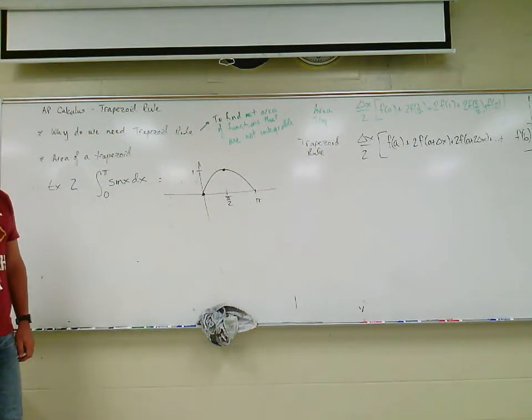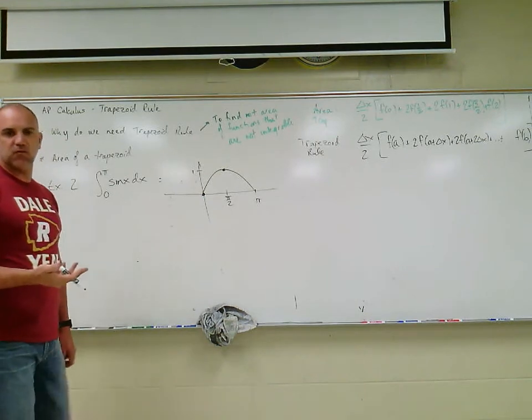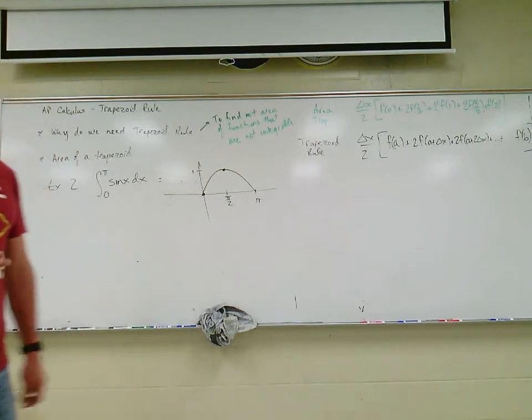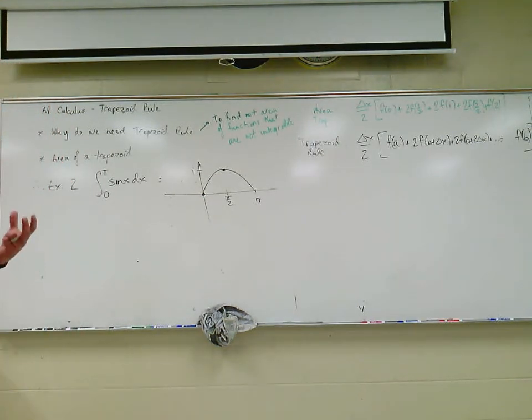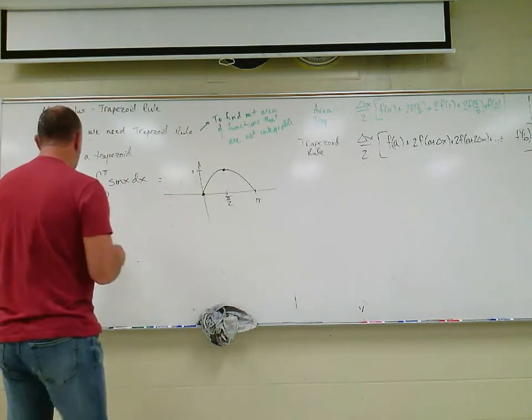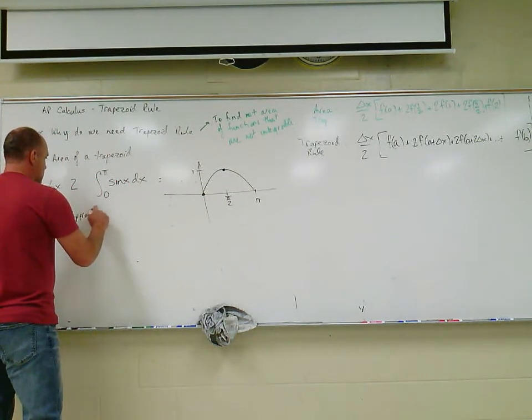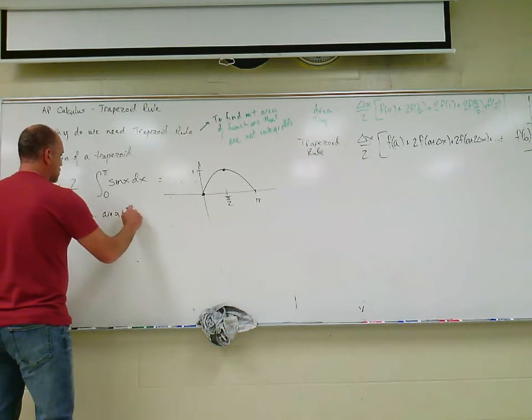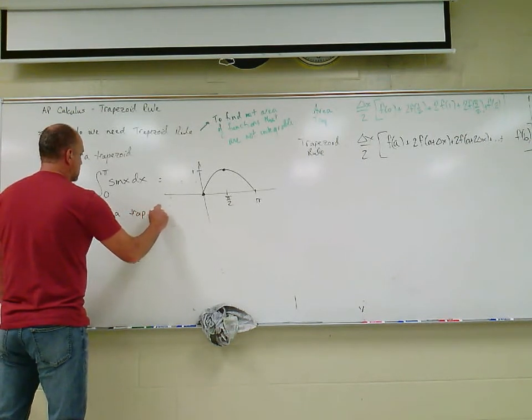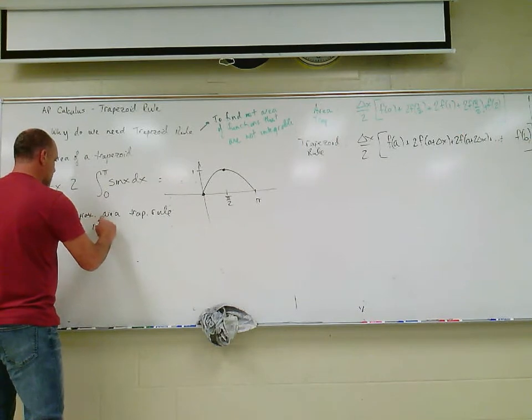That's what we want to find the area of. I'm going to use n is 4 again. You may not have 4 trapezoids. Sometimes you could have 6 trapezoids. It depends on the problem that's assigned. All right, so we're going to approximate the area using the trapezoid rule for n is 4.